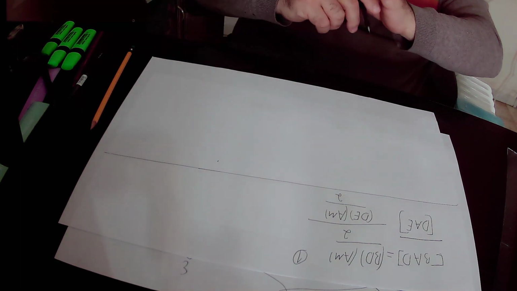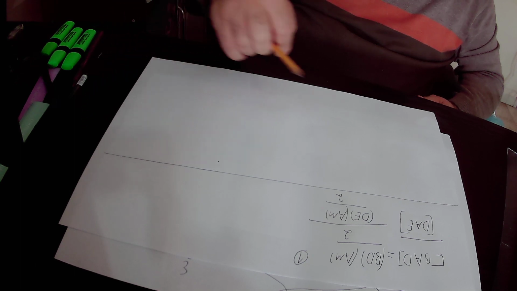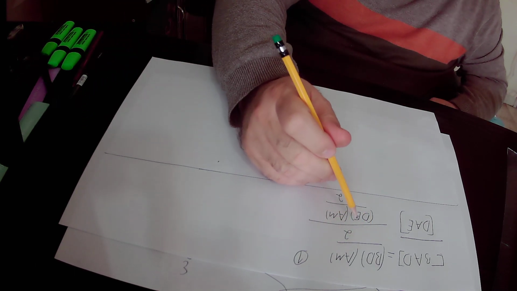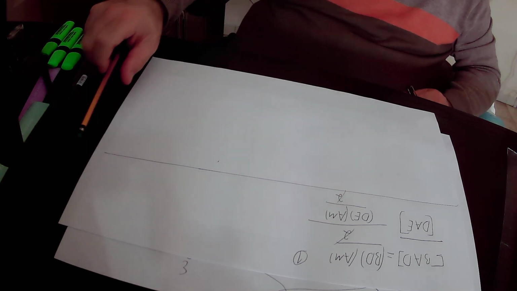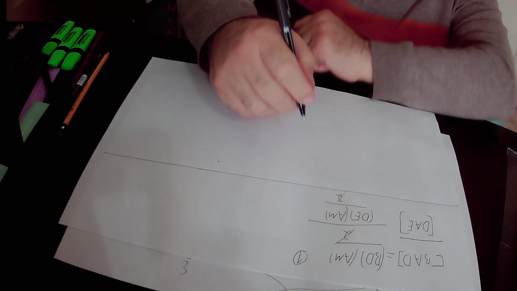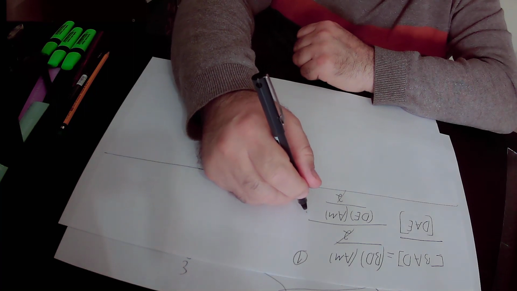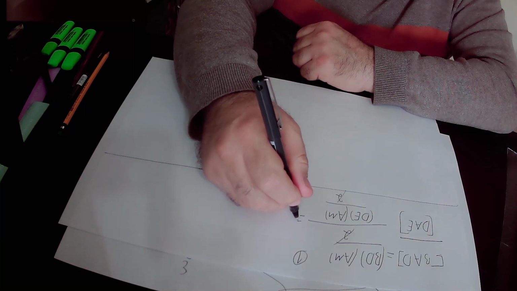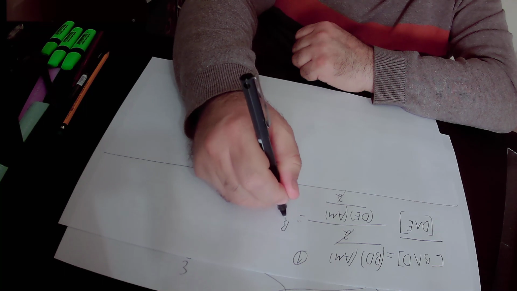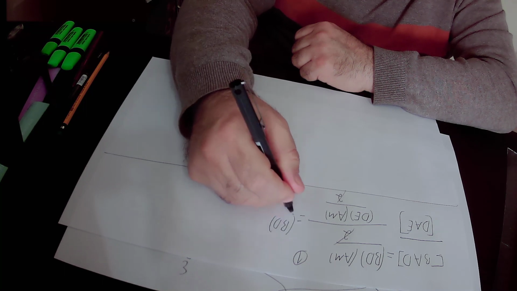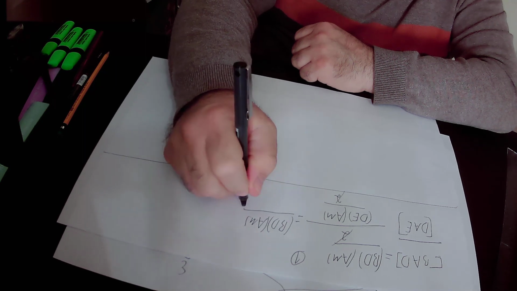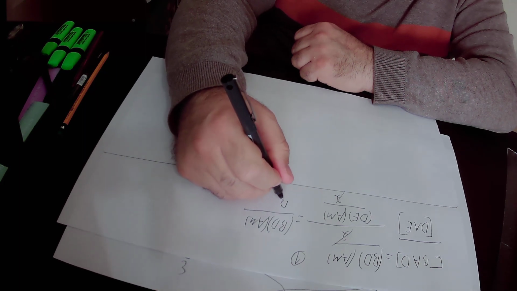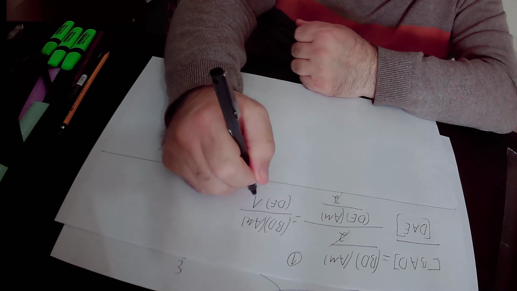Here we have 2 in the numerator and 2 in the denominator, so 2 will get cancelled, and what is left after we cancel 2 from this equation is BD times AM over DE times AM.